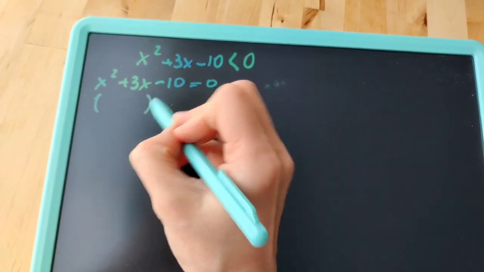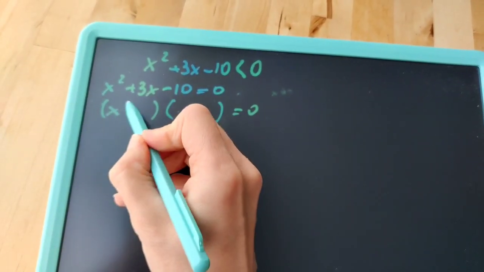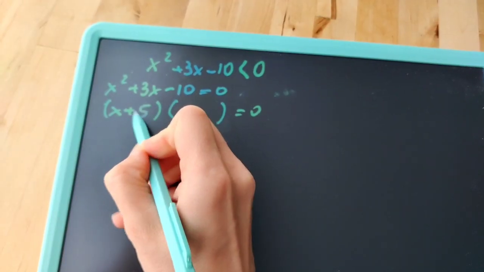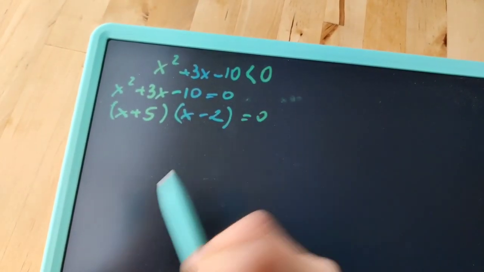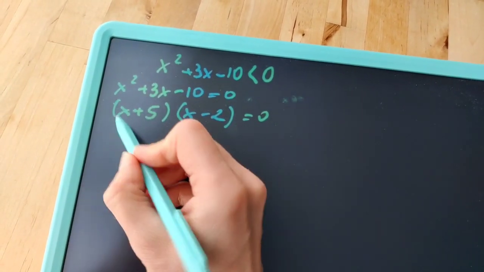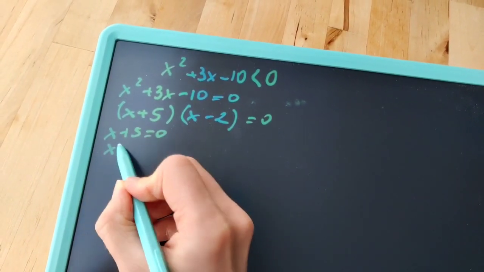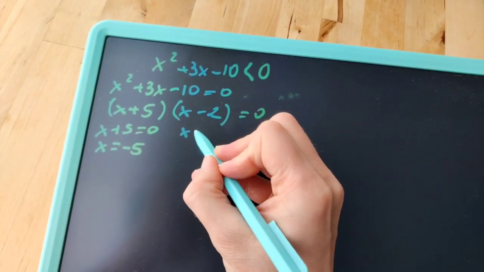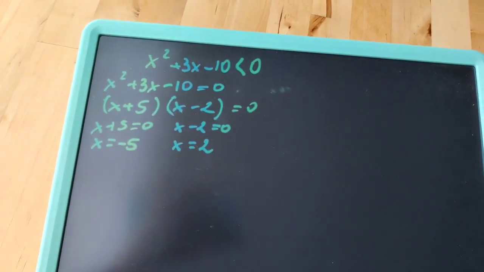Now we're going to factorize it. So it will be x plus 5, and this will be x minus 2, and this is all equal to 0. Now we're going to make these factors equal to 0, so x plus 5 equals 0, then we're going to get x equals -5, and x minus 2 equals 0, so x equals 2.